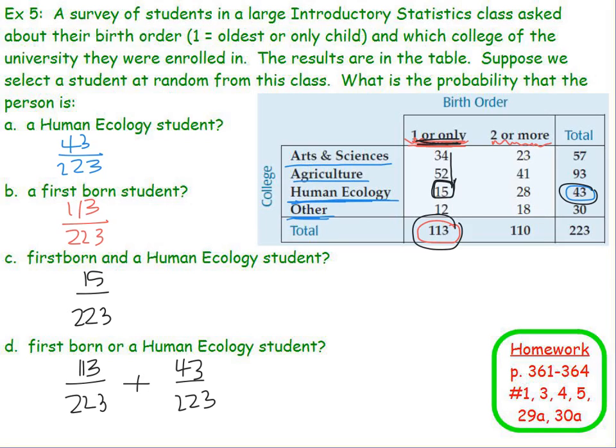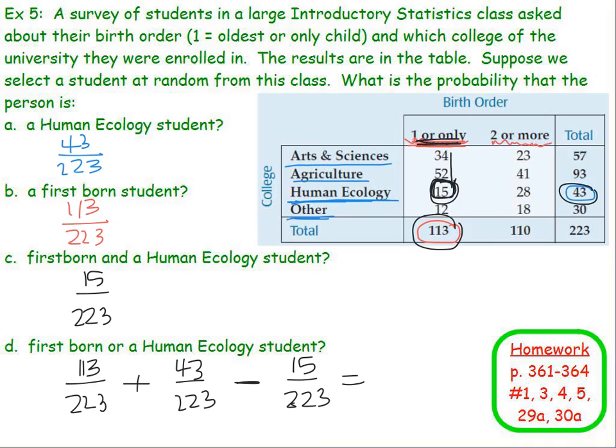So we need to subtract off the students that we counted 2 times. Well, those are the kiddos that are both firstborn and human ecology. That was the 15 that we used in part C. Those 15 kids were counted 2 times. So we're simply subtracting off one of those so that we don't count them twice.